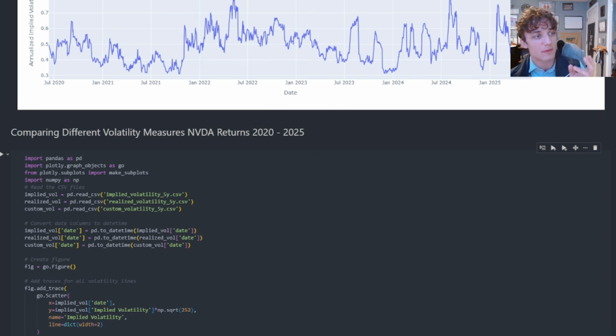What I've done is I've queried this information for Nvidia from 2020 to 2025. We're looking at the implied volatility. We're looking at a proprietary measure of realized volatility. And we're going to simply look at the quadratic variation, just as we had done in the simple examples above with a constant volatility and a mean reverting volatility in that Heston sense.